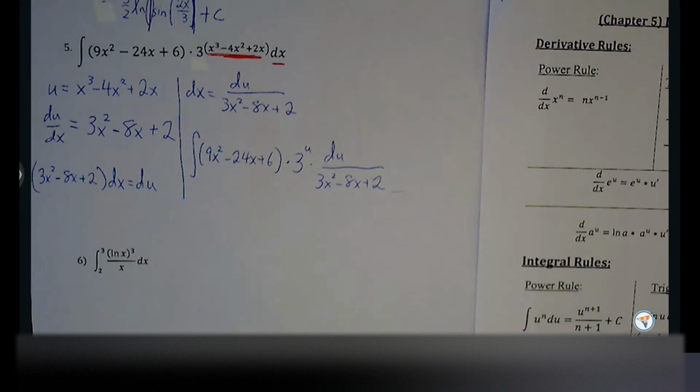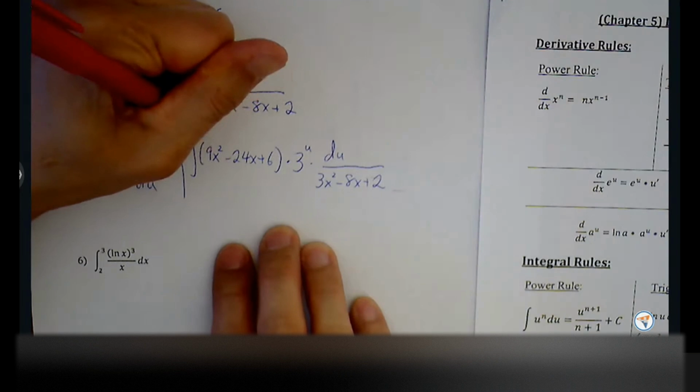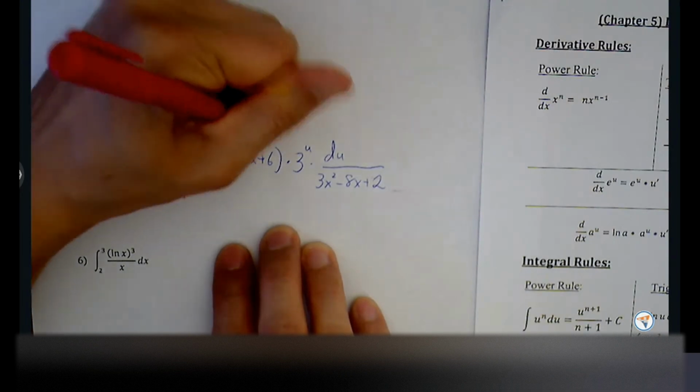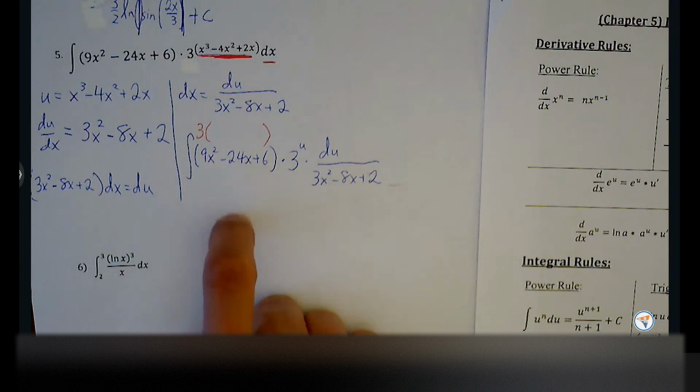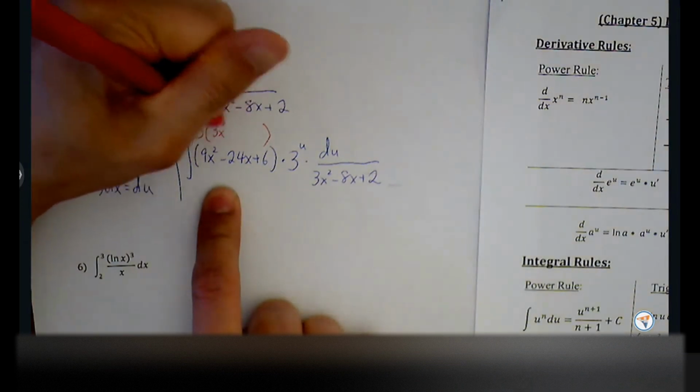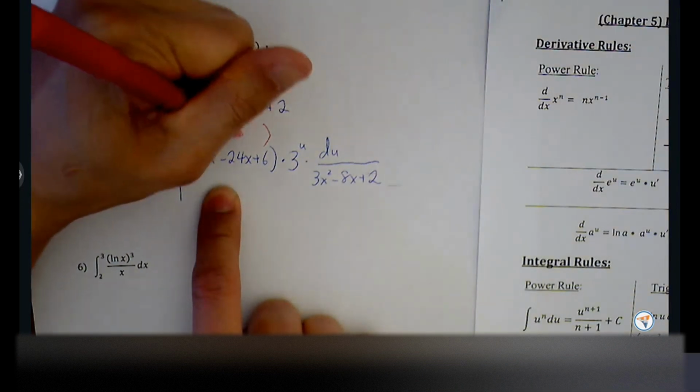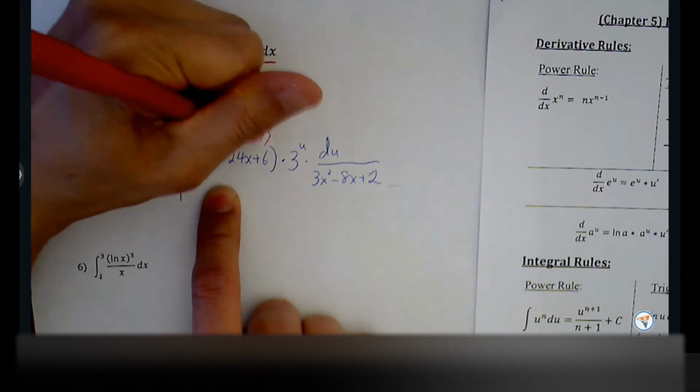Yeah, let's take out a GCF, right? So if I take out a GCF of 3, what's left? 3x squared minus 8x plus 2.